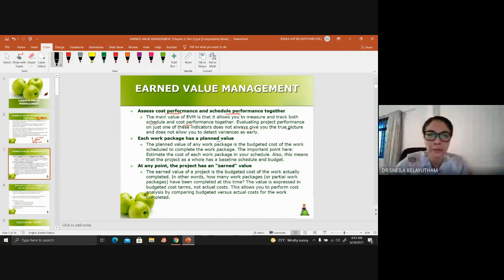Earned value is the value of the work that you have earned. The earned value is the budgeted cost of the work actually completed. In other words, how many work packages have been completed at this time? The value is expressed in budgeted cost terms, not actual cost. This allows you to perform cost analysis by comparing against the budget.